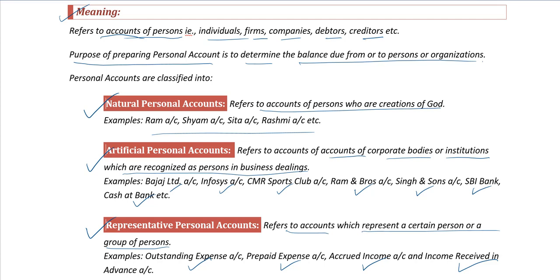Artificial personal accounts are business entities. It could be Bata Showroom, Infosys, Reliance Industries. And representative personal accounts, the list is exhaustive. It consists of outstanding expense account, prepaid expense account, accrued income account, and income received in advance. It's an exhaustive list.